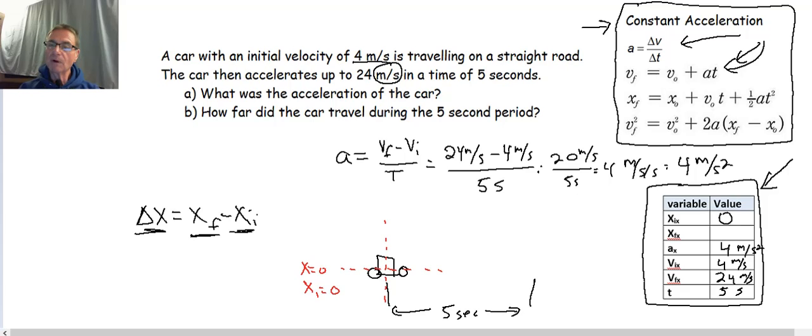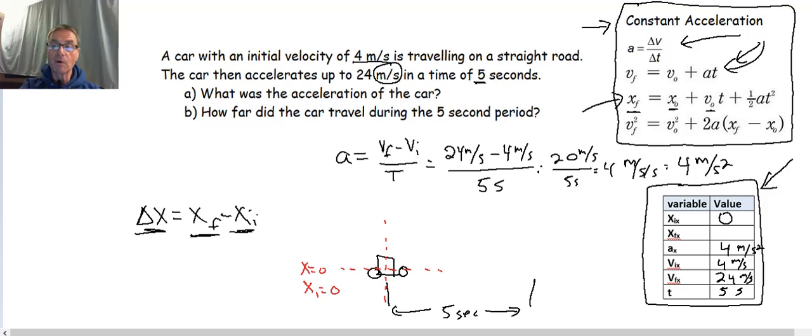So what I'm looking for is the change in x, or x final. Well, which equation is going to help me with that? Well, the first two really aren't going to help me with that. The third one could, if I knew the time, all right? Do we have the time? Well, yes, we do, right? So let's look at the variables.